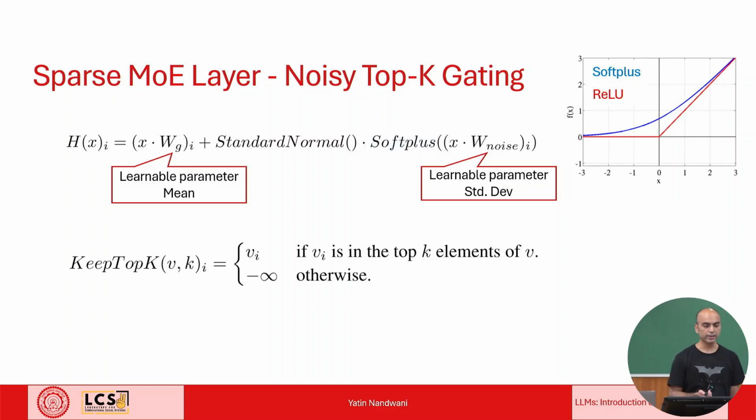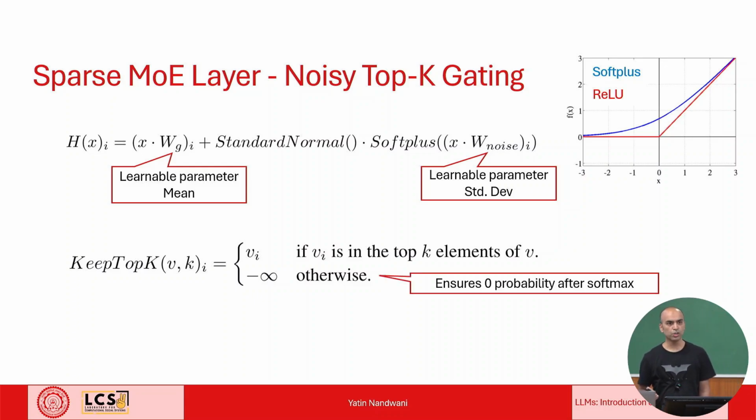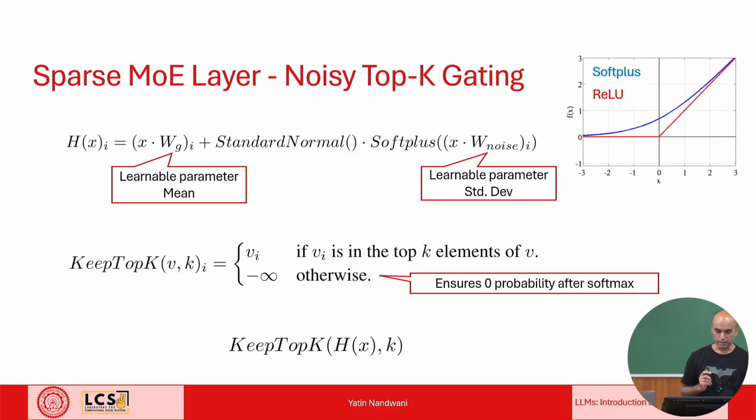And then they have a keep top-K operator, which is just selecting the top K logits and putting everything else to minus infinity. This minus infinity will ensure that once you do a softmax, those get zero probabilities. So the way it works is that we compute the logits h of x, which is noisy. There are two parameters there, one for the mean, the other for the noise.